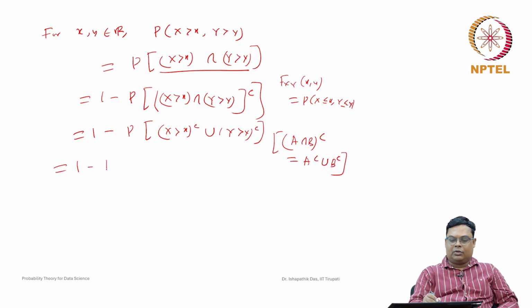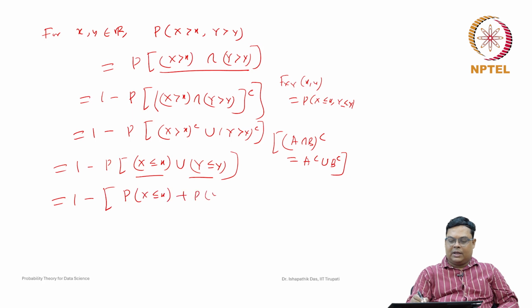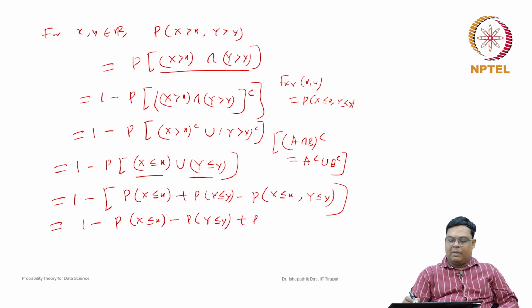So, A intersection B complement is nothing but A complement union B complement, that result we are using. This is nothing but 1 minus the probability of X less than or equal to x union Y less than or equal to y. So, this is some A union B, then 1 minus A union B, and we know the formula: probability of A plus probability of B minus probability of A intersection B. Finally, what we got is 1 minus the probability of X less than or equal to x, minus the probability of Y less than or equal to y, plus the probability of X less than or equal to x, Y less than or equal to y.